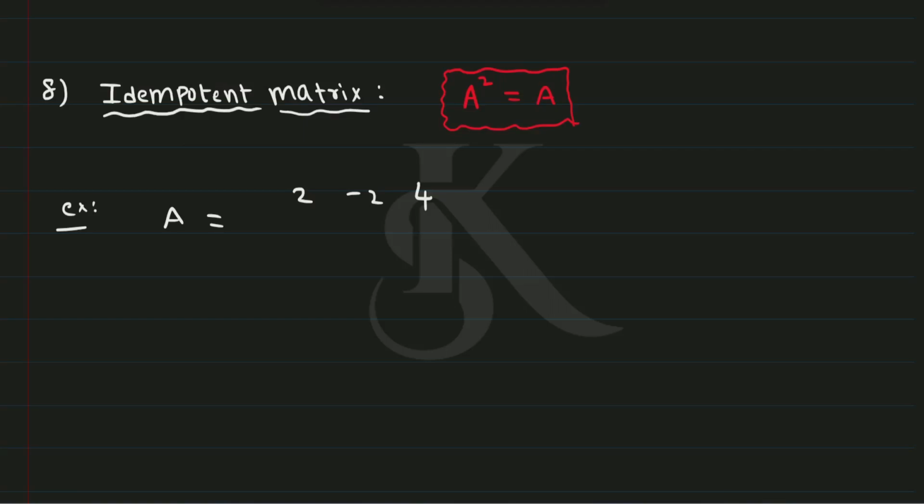-1, 3, 4, 1, -2, -3. This is the A matrix.